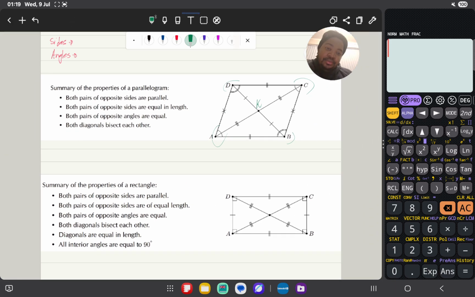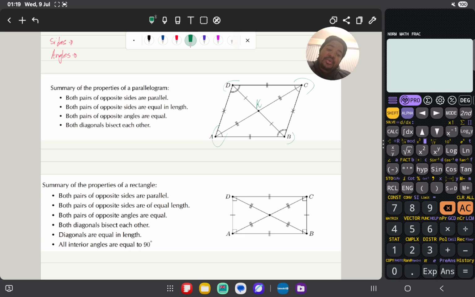So now I like to say that a parallelogram is a pushed rectangle. That's what I like to say, because both pairs of opposite sides are equal and parallel. That is the same thing for a rectangle.